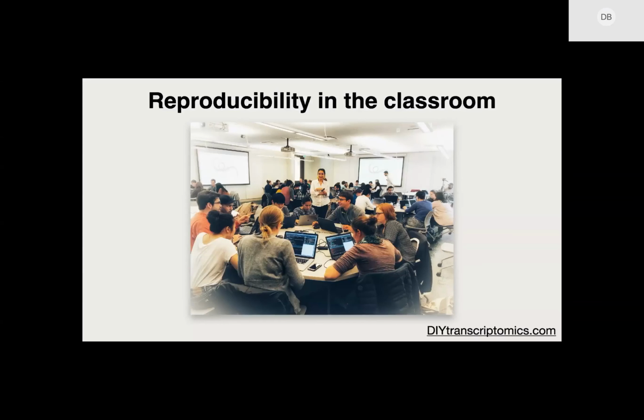All right, so I thought I'd just close with some of the other ways we're thinking of using this kind of platform, and that is to promote reproducibility in the classroom. So we talk a lot about the idea of reproducibility, and usually when we're talking about reproducibility, we really mean with respect to data and analysis and the scientific method, but I feel there's another need for reproducibility, which is in teaching.